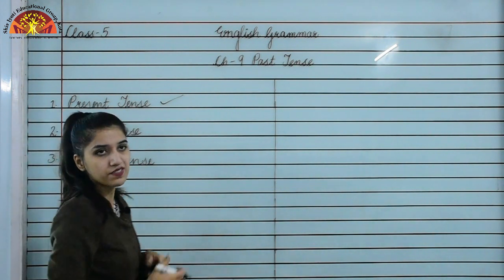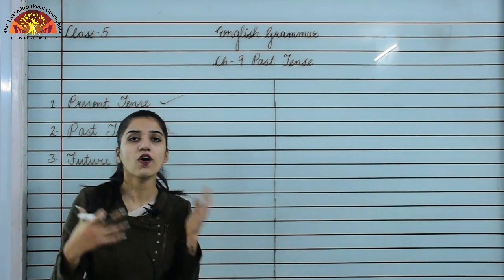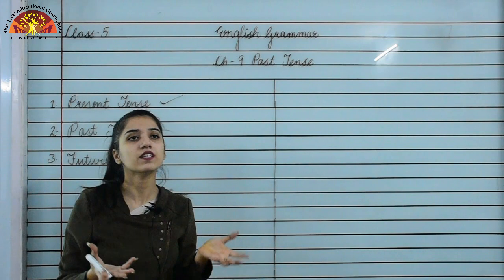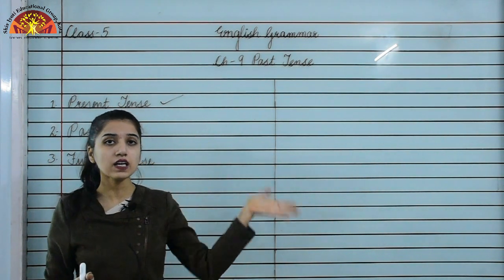Now what does the past tense refer to? Past tense refers to the events or actions that took place in the past.